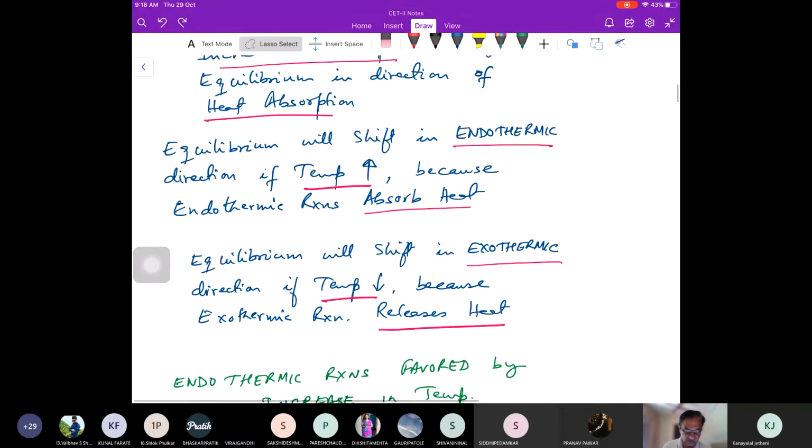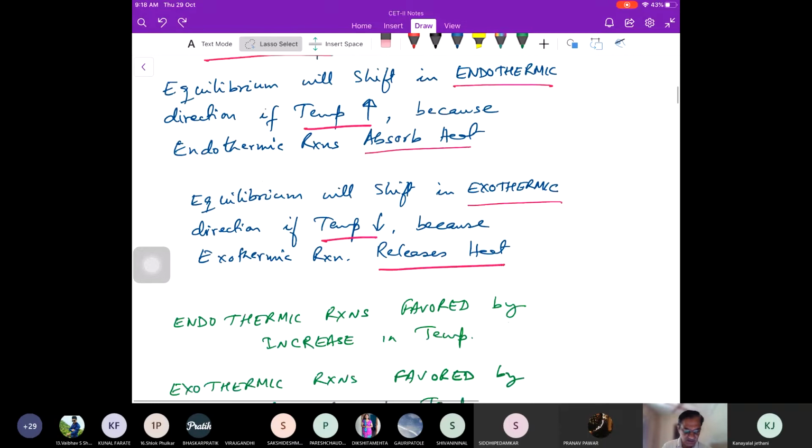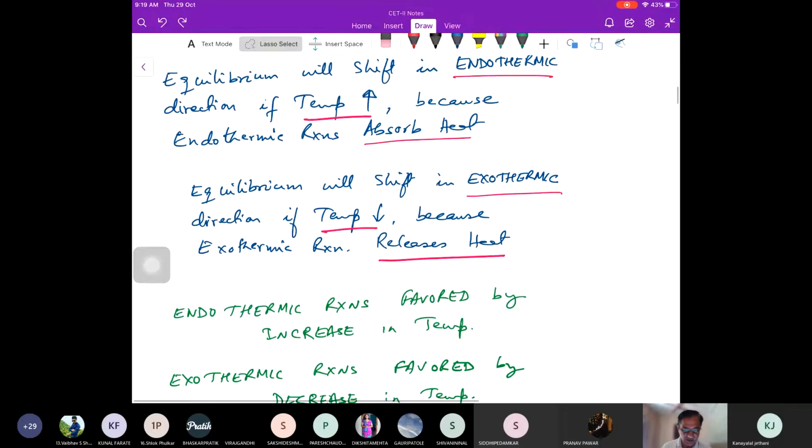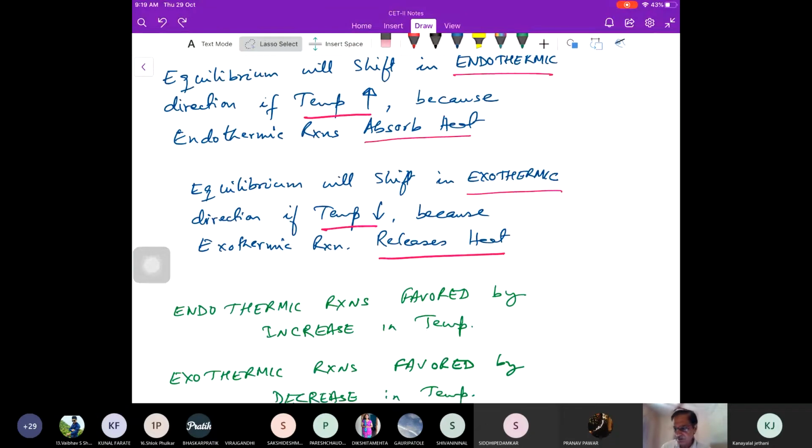Okay? This is what we talked about. And equilibrium shifts in exothermic direction if temperature is reduced. Temperature reduced किया तो it will try to increase the temperature. Temperature कब increase? When there is exothermic reaction. Right? समझ में आया ये effect of temperature, endothermic and exothermic?